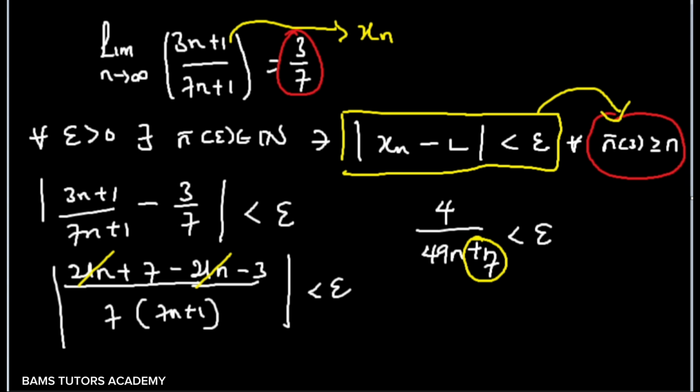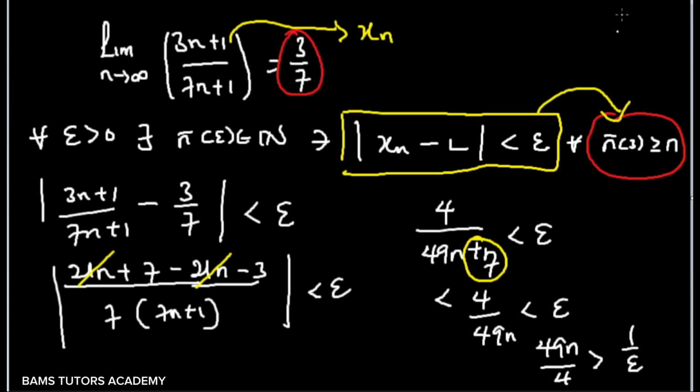So this is actually 4 over 49n, which is less than epsilon, right? Makes sense. So what I'm going to do is take the reciprocal of both sides. So that will be 49n over 4 is greater than 1 over epsilon, right? So I want to make n the subject so I can arrive at this definition.